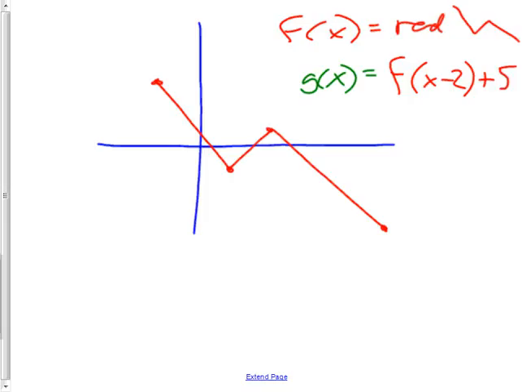Try to figure out what the graph should look like now. See, if I'd have just said move it this way and move it that way, I think it'd be easier. But that's not what we're going to do. We're going to give it to you in some unusual way of saying move it to the left and move it down or whatever. I just showed you which way to move it by saying that.